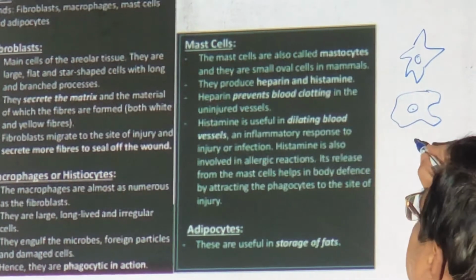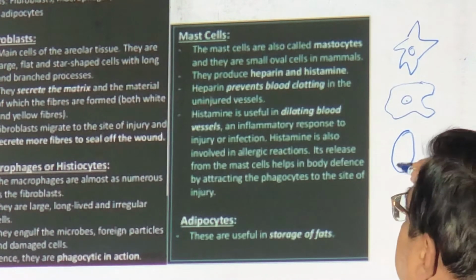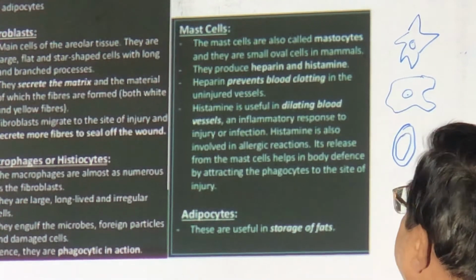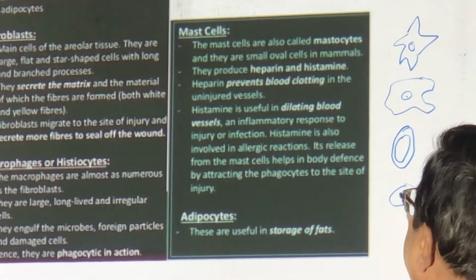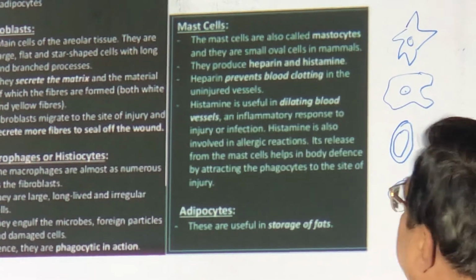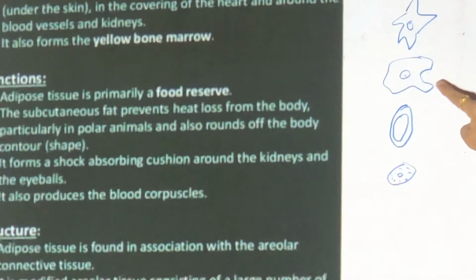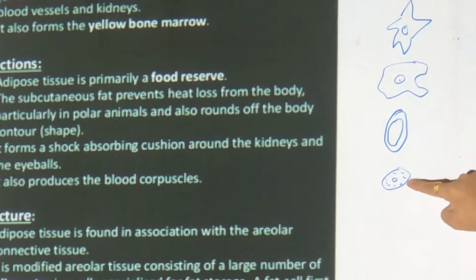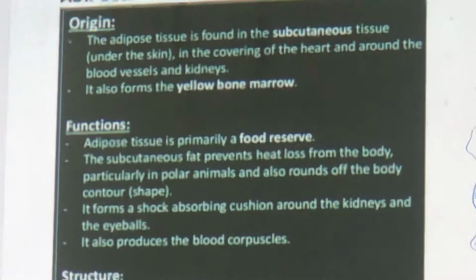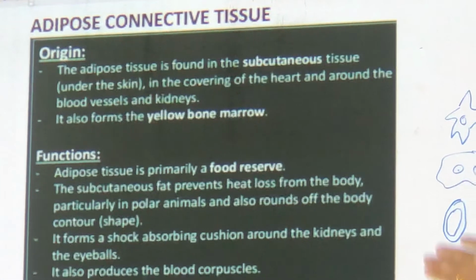Mast cells produce chemicals, with a big nucleus, and of course I showed you adipocytes with fats inside them. So four types of cells can be seen, with four different functions: break the matrix and fiber, capture all the germs, make the chemicals, and store reserve food for energy.